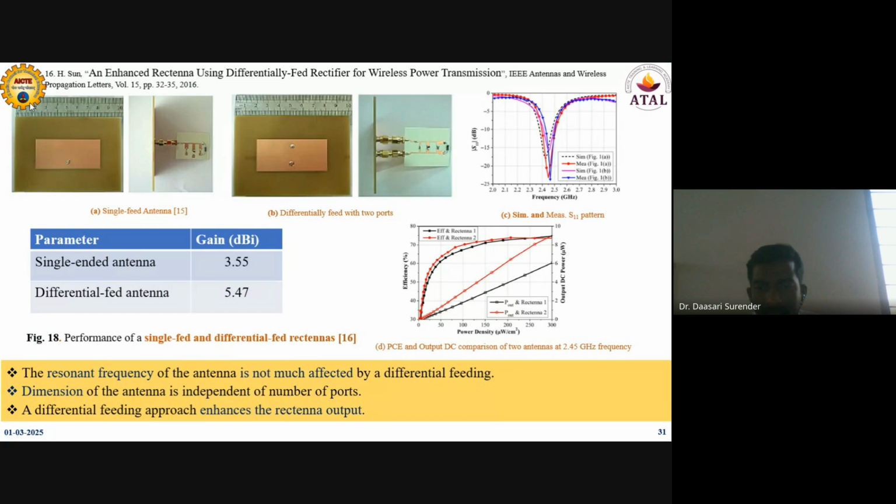The power conversion is also observed. Output power and the efficiency of the antenna are given in 18D. It can be seen that the power conversion efficiency of rectenna 1 compared to rectenna 2 is more, shown with the red color.